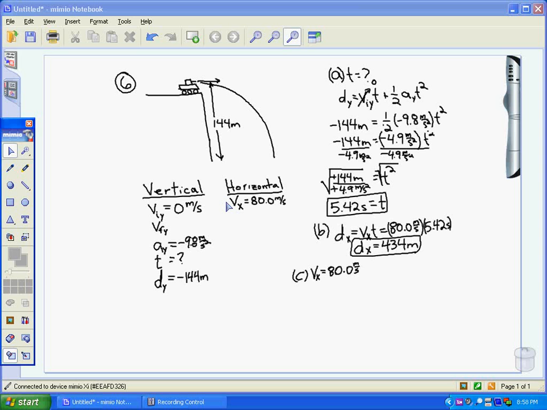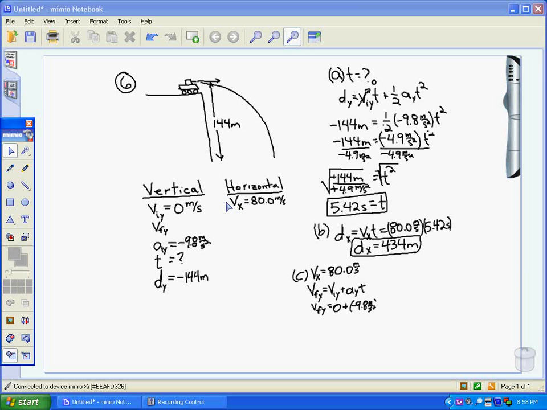So using VFY equals VIY plus AY times t, we will get that VFY equals VIY was 0 plus negative 9.8 meters per second squared times the time, which we found in part A above, 5.42 seconds.